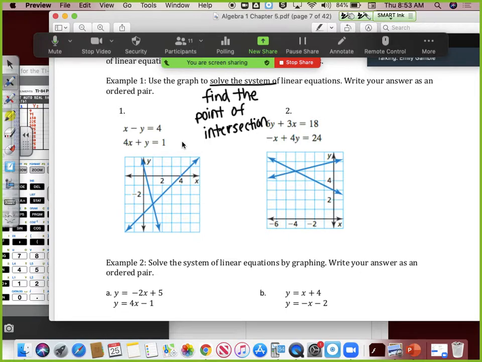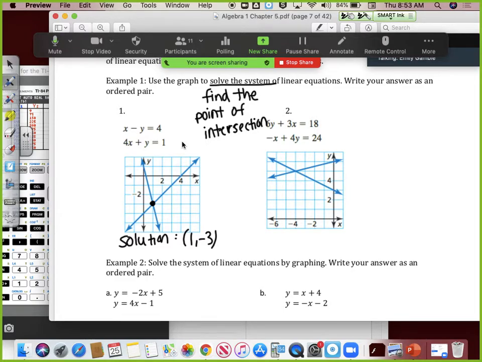That's all we mean. So if I'm looking at this number 1 here and I want to solve the system, that means what ordered pair represents the intersection point. So you just would look at the point here. I can see these lines clearly cross right here. This ordered pair is at 1, -3. So the solution would be 1, -3. It's as easy as that.